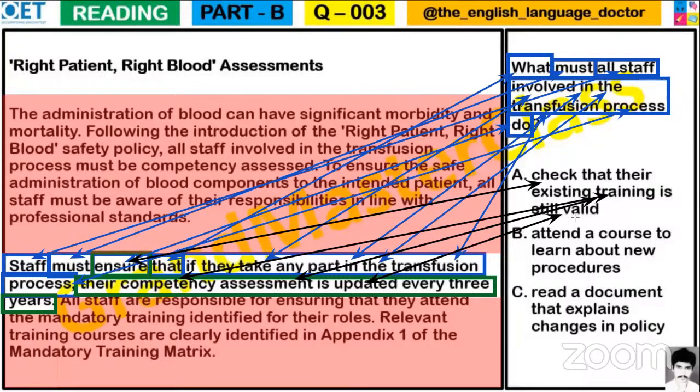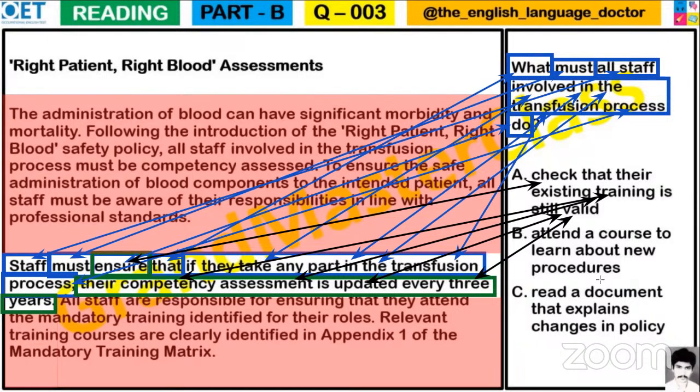Before completion of 3 years, before it expires, you have to validate. Otherwise, it will become invalid. So there will be a deadline: before that date, you have to extend. Otherwise, you cannot work. Driving license also, if it expires on a particular day, from the next day you cannot drive.